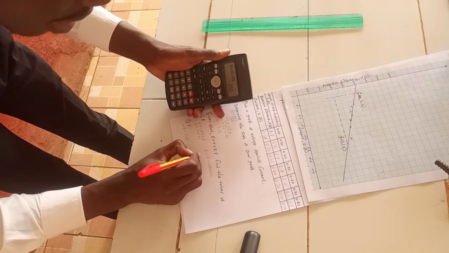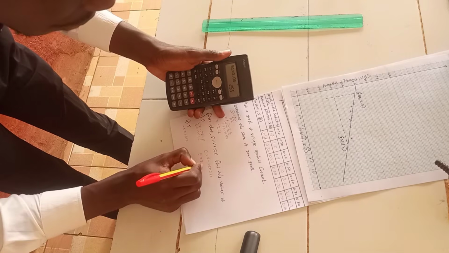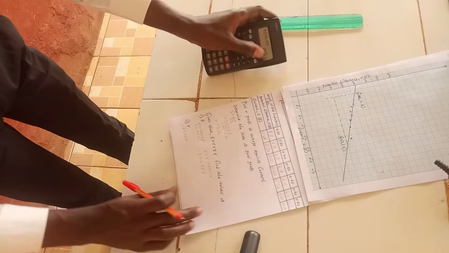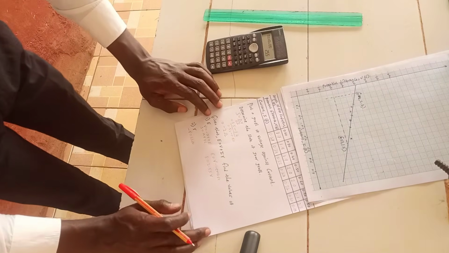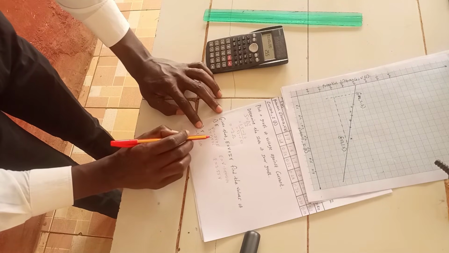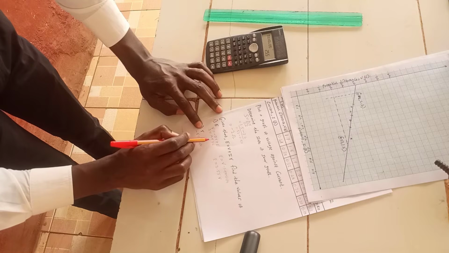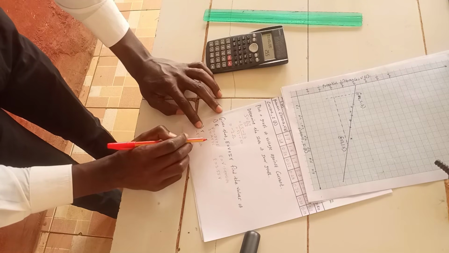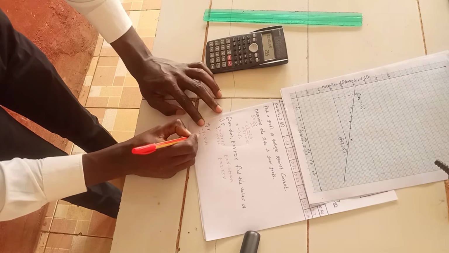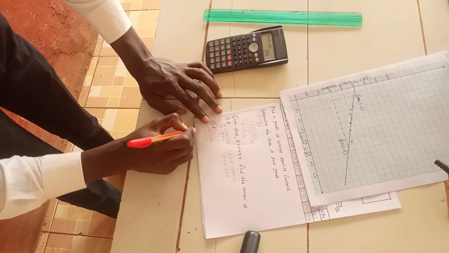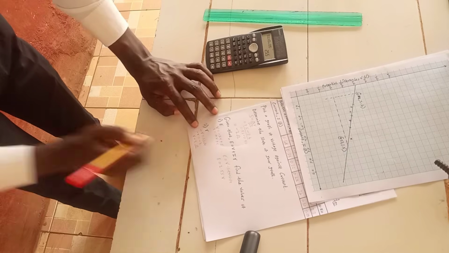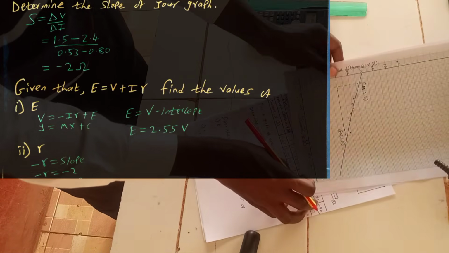That means EMF is equal to 2.55 volts. We have read it from there. And then the internal resistance is the slope. When you remove x, which is I, what remains is negative R, because this is negative R times I. So negative R is equal to negative 2, and that means the internal resistance is equal to 2 ohm.